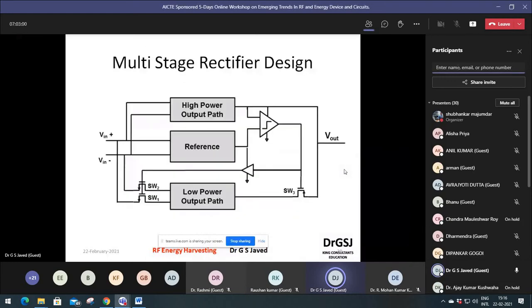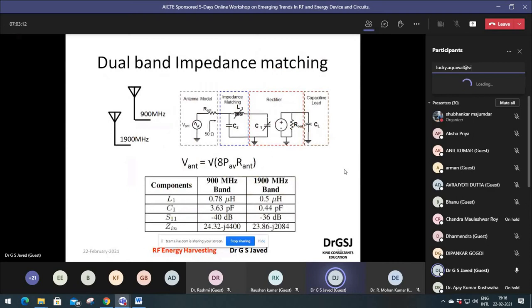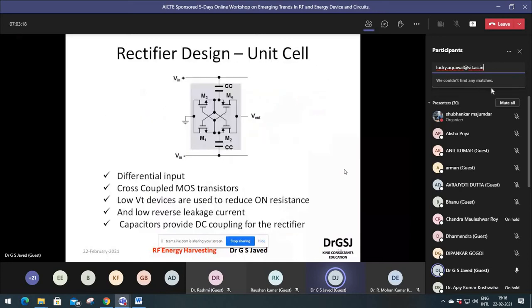While going to the next step, let me go back and show how we absorb the power from both these bands. The best way to absorb both bands is as follows.